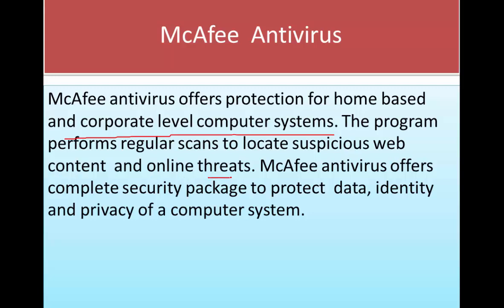McAfee Antivirus offers a complete security package to protect data, identity, and privacy of the computer system. Identity means the personal data that can be stolen by a virus. So it protects from stealing the personal data. So this is McAfee Antivirus.